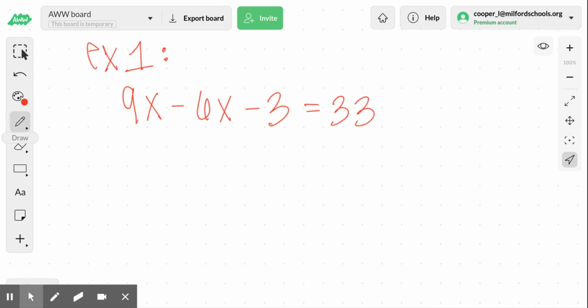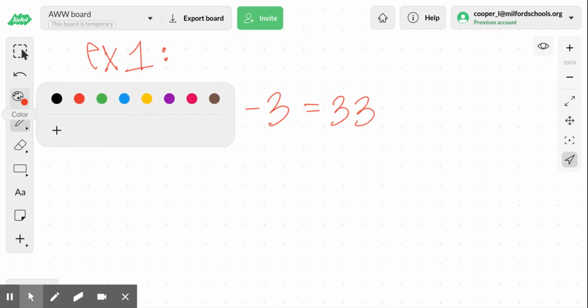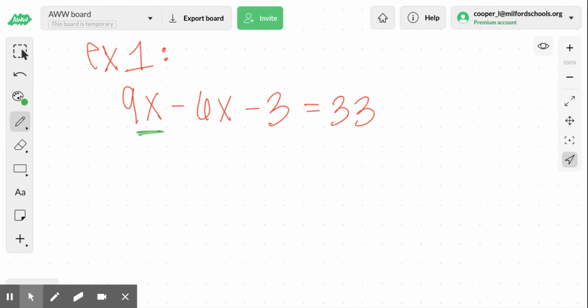So there's multiple things you can do here. First, you can combine your like terms, which are right here and right here. You could combine those first if you want to, or you can move this minus 3 first. It's kind of up to you. For this video, I'm going to combine my like terms first.